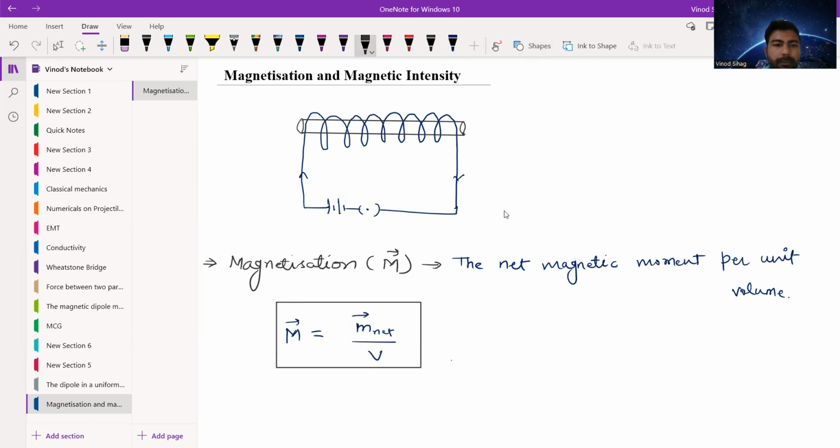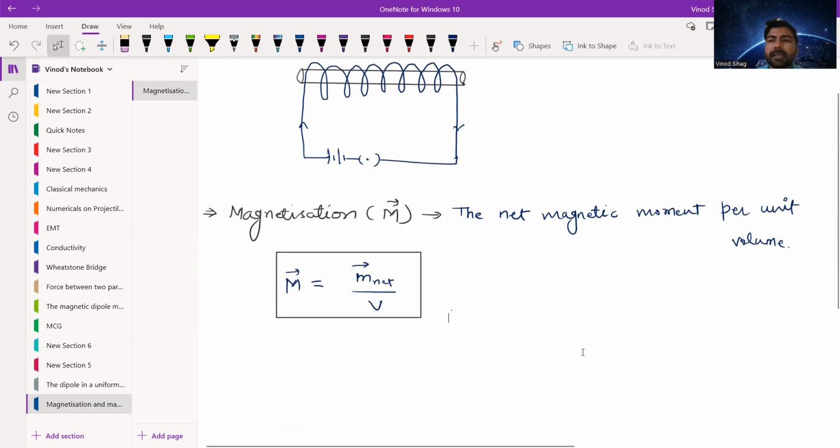Now let's come to why we are using the word net magnetic moment. In a particular magnetic substance there will be a lot of magnetic moments, and it is not necessary that they are all in the same direction. They may have different directions. Because of that, we have to take the net magnetic moment, which is nothing but the sum of all the magnetic moments.